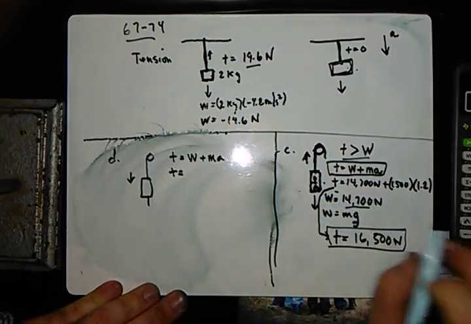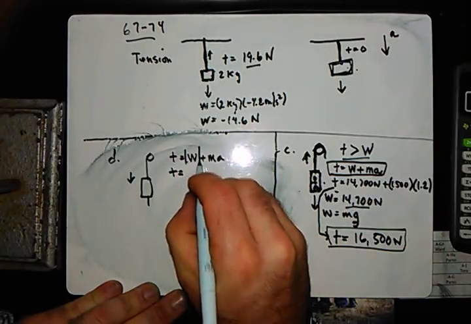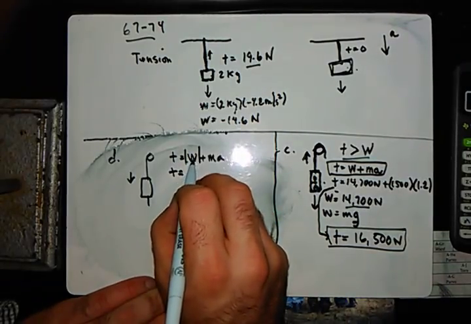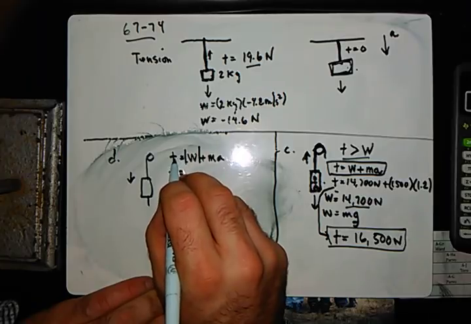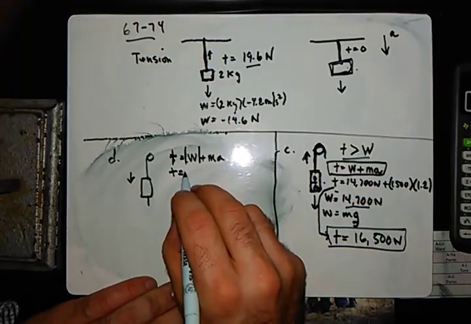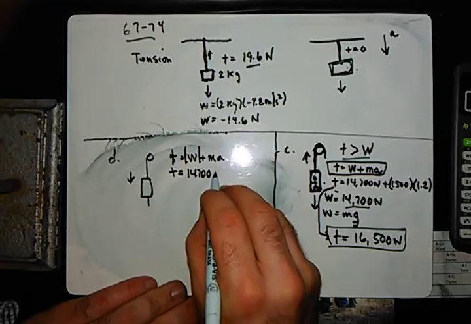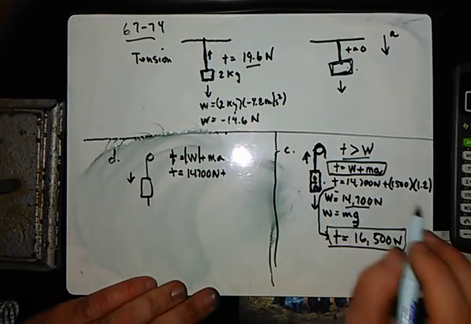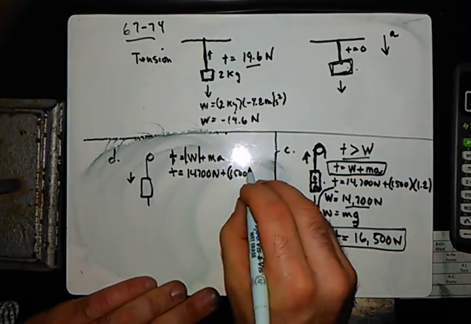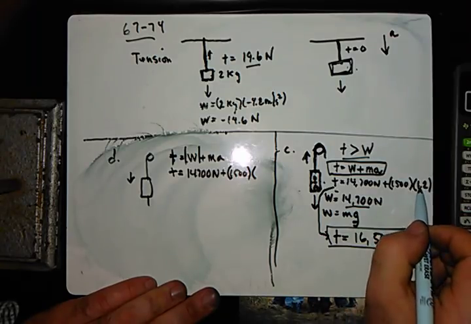One thing I did not mention to you guys was that we're actually using the absolute value of the weight. Because weight is the opposite of tension, and weight's negative, we're using the absolute value. So tension is the weight, 14,700 newtons, plus the mass, 1,500 kg, times the acceleration. The 1.2 was up before, so it was positive.